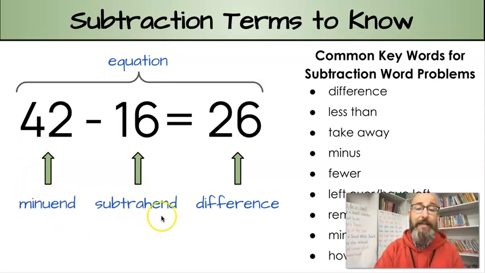The subtrahend is the number we're subtracting. We're taking it away from the minuend. And the difference is the answer to a subtraction question. It is the difference between the minuend and subtrahend. That's why it's the answer. And when you put all of that together, that makes an equation.